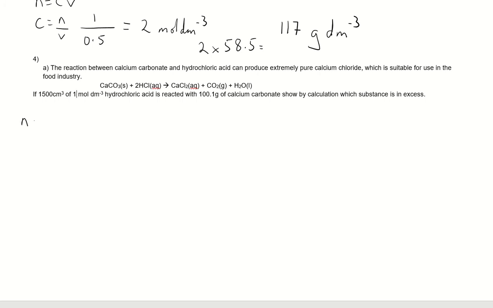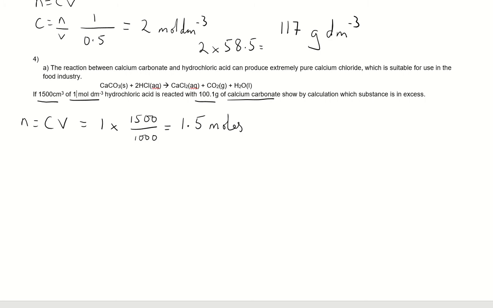So I know n equals CV. Concentration there, 1. And then times by, just to convert to dm cubed, 1.5. So 1 times 1.5, 1.5 moles.